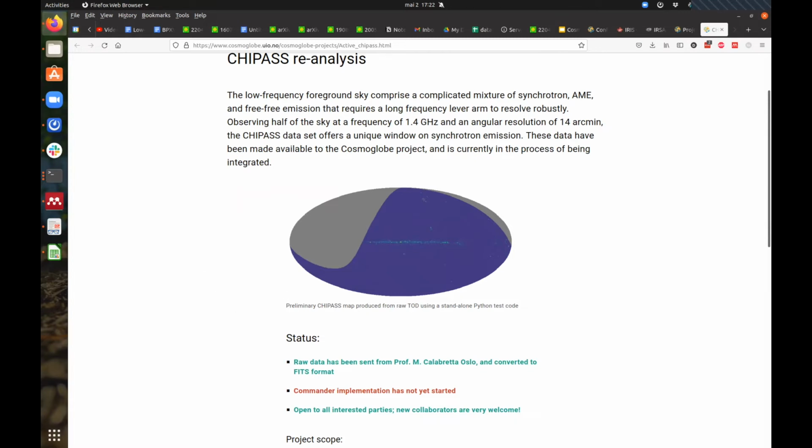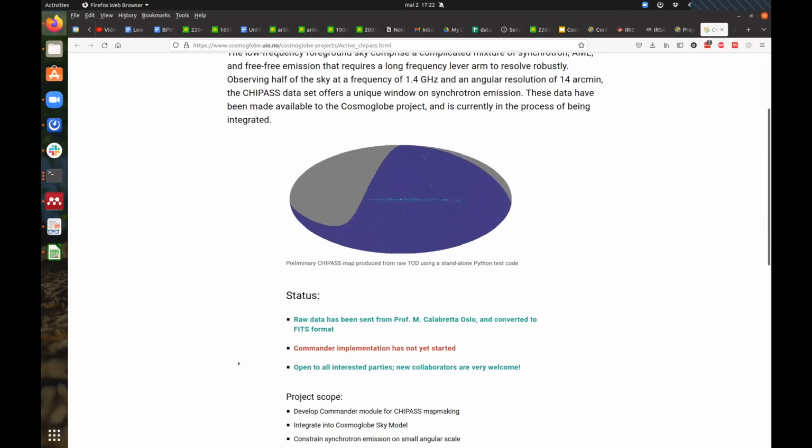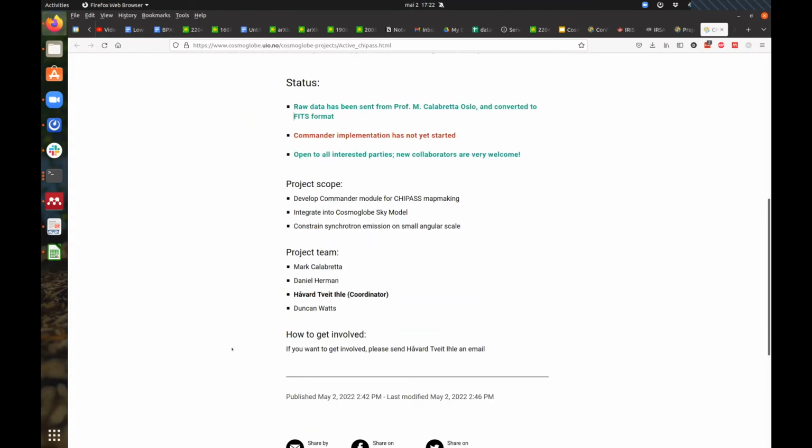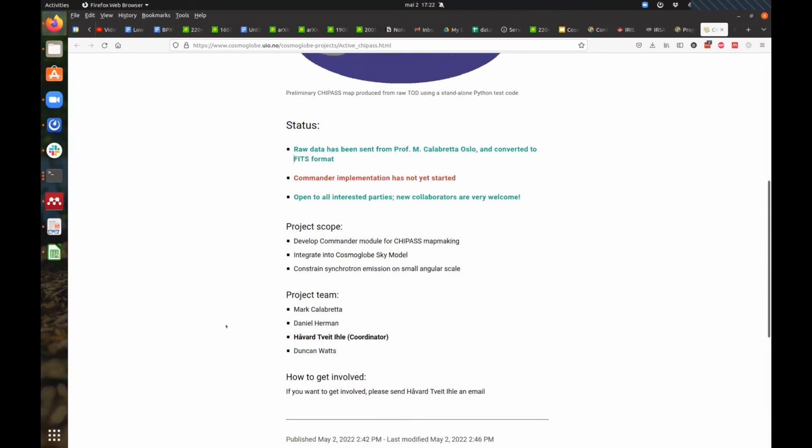And Mark Calabretta has given us the raw data, and we converted it to FITS format. And essentially, we'd like to figure out the bandpass corrections and actually get that into the Cosmoglobe and the Commander framework. So this is something that Mark, Dan Herman, Hovar, and me have been working on.